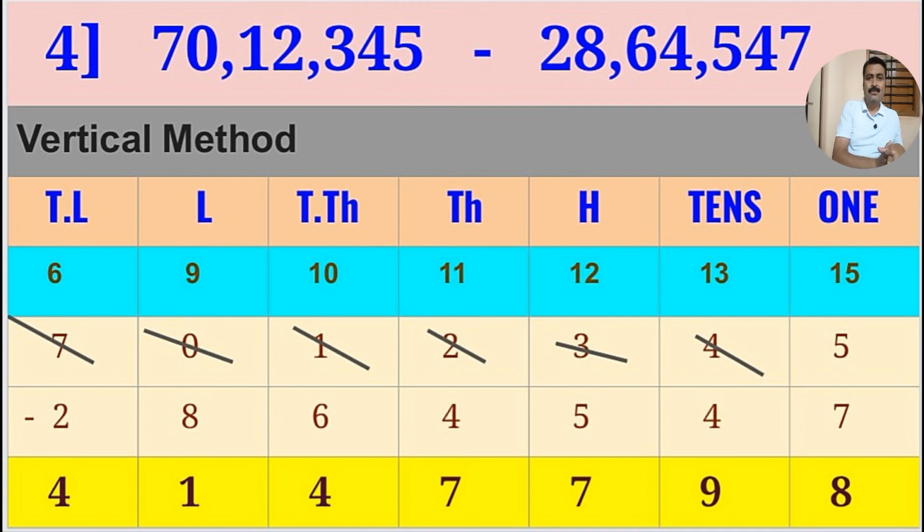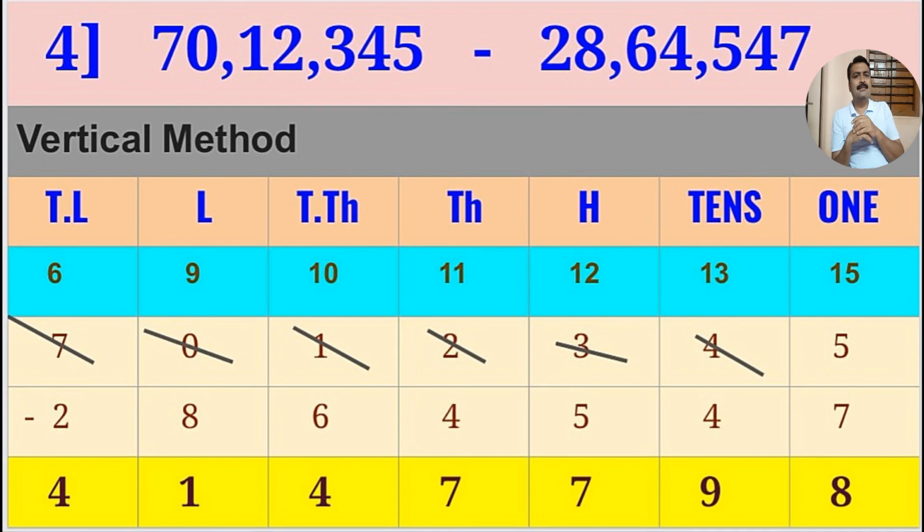Now if we move towards lakh place column, instead of 0 there is remaining 9 only. So from that 9 we take the subtraction of 8. So 9 minus 8, we get answer as 1 there. Now at 10 lakh place, instead of 7, here I am taking as a 6.